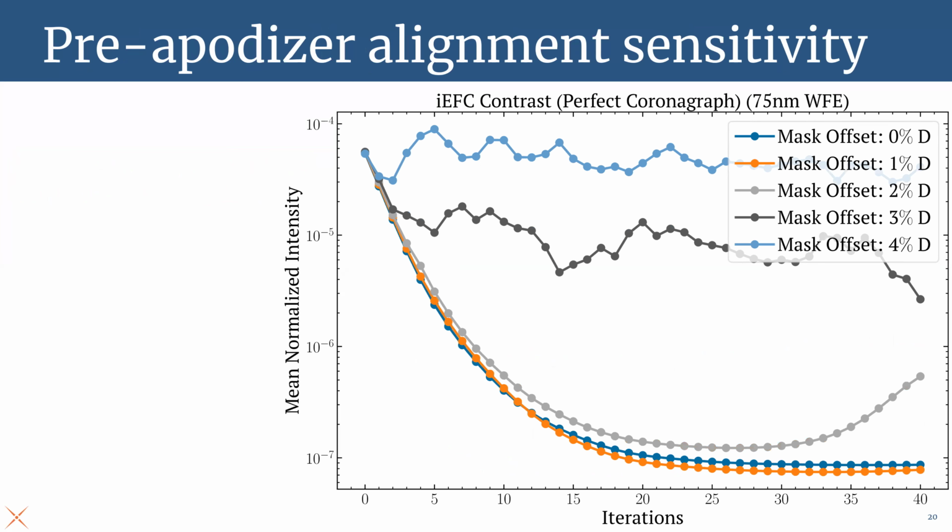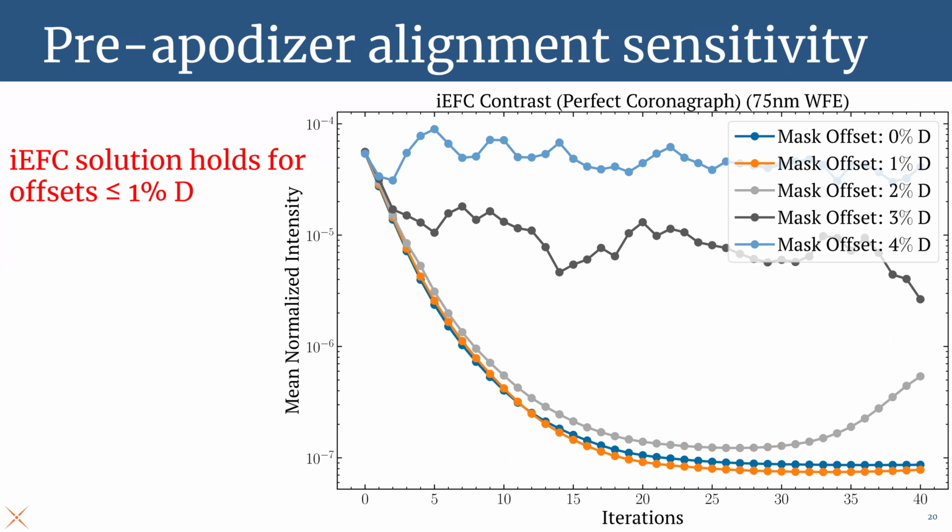Finally, we looked at the case of the bump mask. The results are pretty dramatic: if you misalign the bump mask by anything more than about 1% of the pupil diameter, the solution immediately diverges.